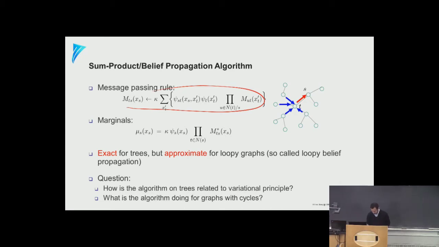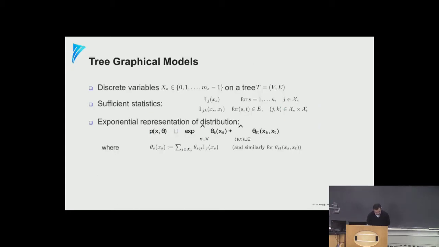I may have a definition somewhere, but these are basically tree graphical models where the approximation is actually exact. Well, we shouldn't say the approximation is exact. The approach gets you an exact solution.